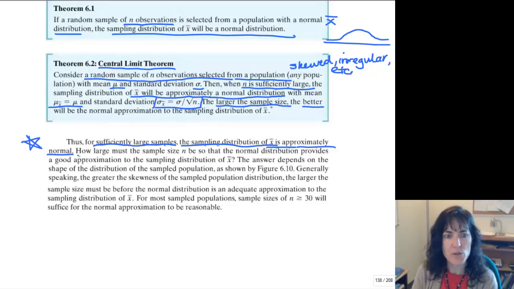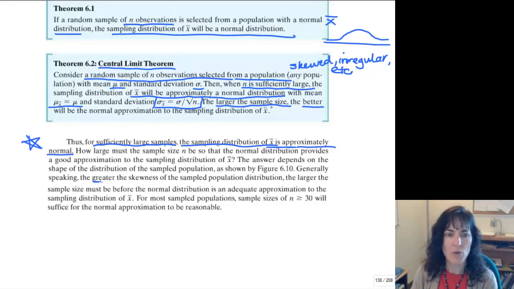which is fantastic. So how large must the sample size be so the normal distribution provides a good approximation? The answer depends on the shape of the distribution of the sampled population, as shown in figure 6.1, which I think we don't have.